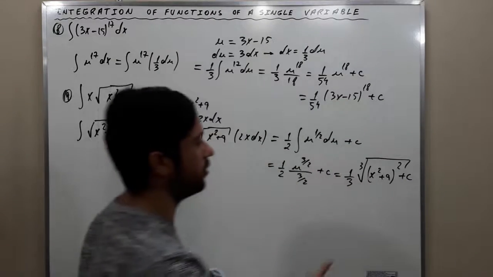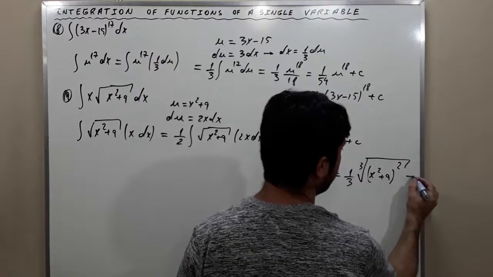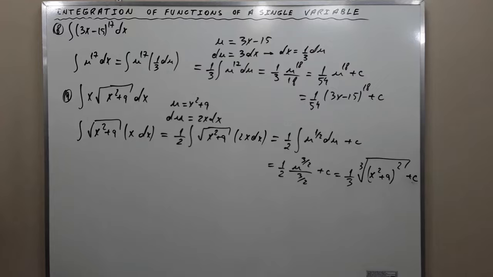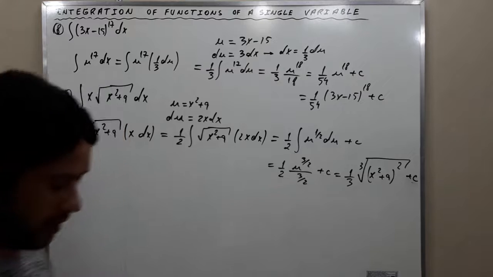And this c here is outside, plus c. This is the result of exercise 9.